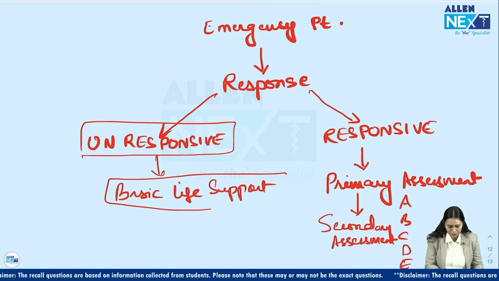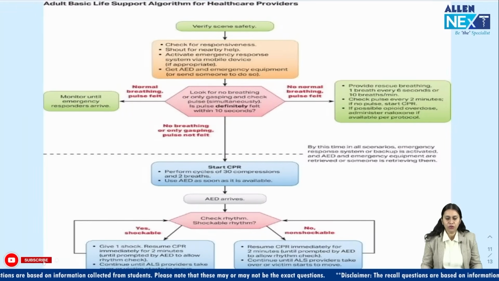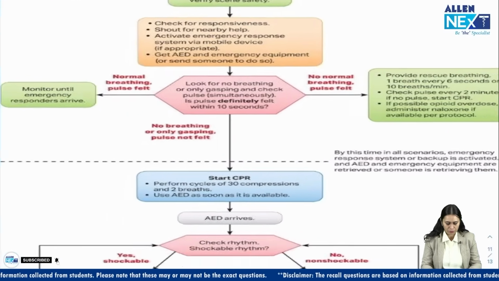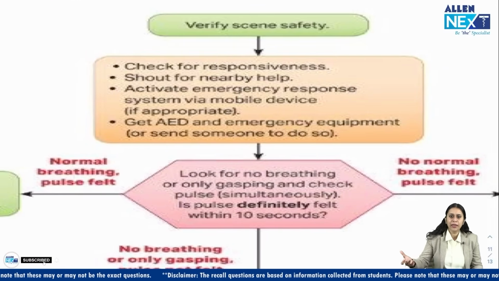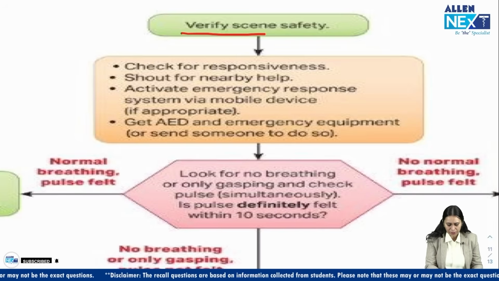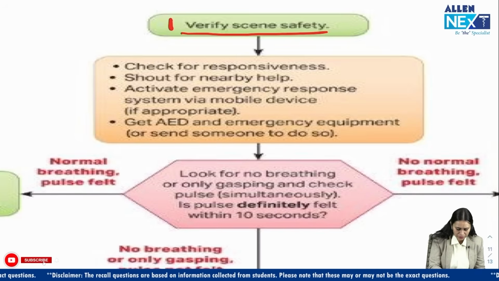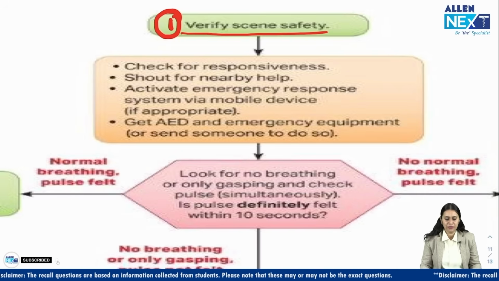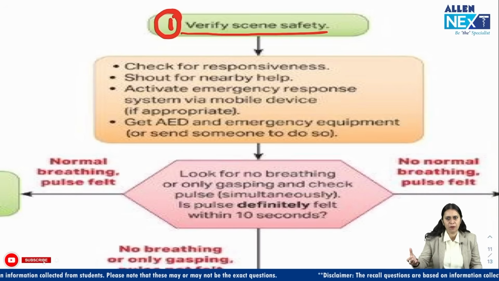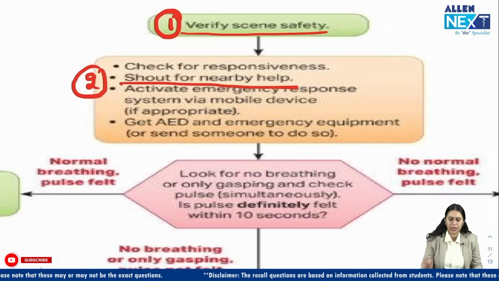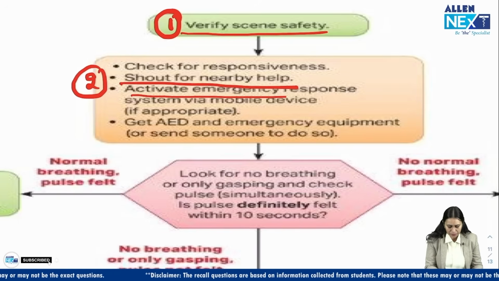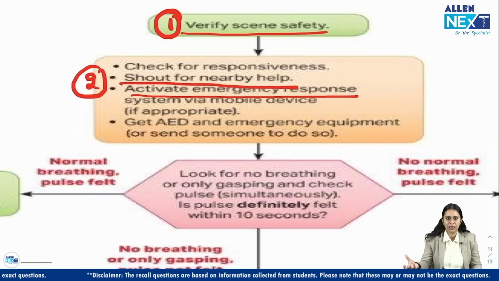So what is the basic life support approach? This flow chart is the basic life support approach. First, if we come across such a patient outside the hospital, we verify the scene safety. After scene safety has been verified in an unresponsive patient, we call for help: shout for help and activate the emergency response, call the ambulance.